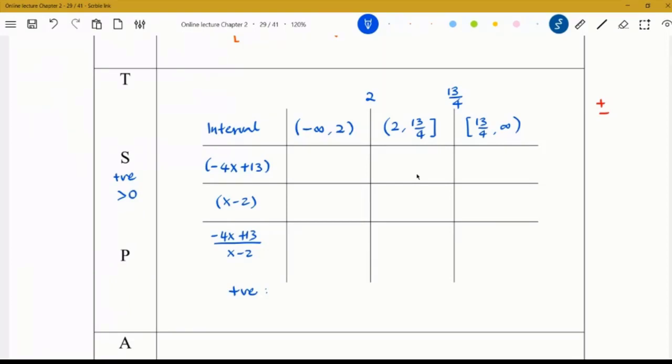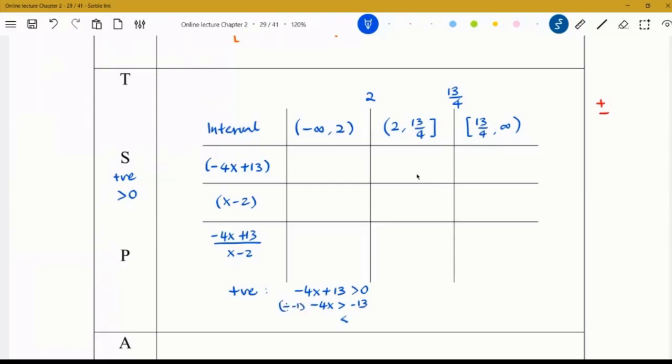Okay, so kita tengok pada second row dulu. Faktor yang pertama adalah negative 4x plus 13. Untuk dapatkan positive sign, dia mesti greater than 0. Okay, so kita rearrange, kita akan dapat negative 4x greater than negative 13. So bahagi dengan negative number, sign dia akan berubah.